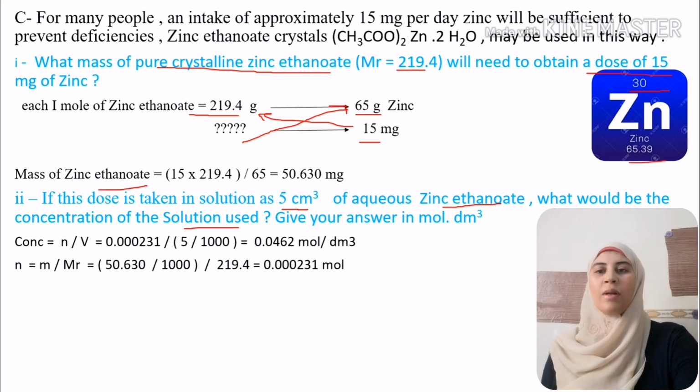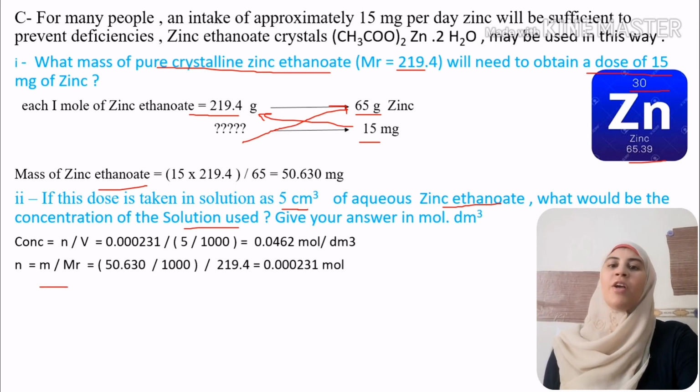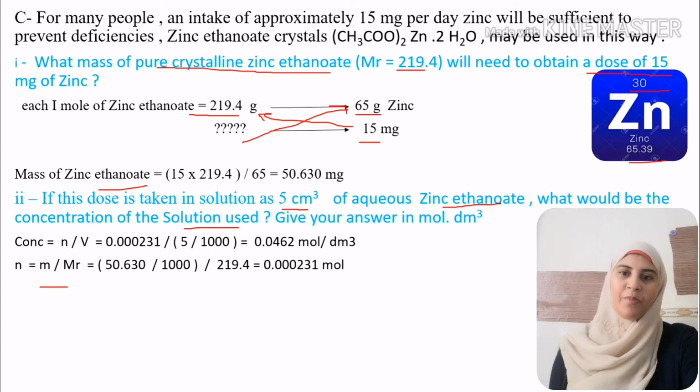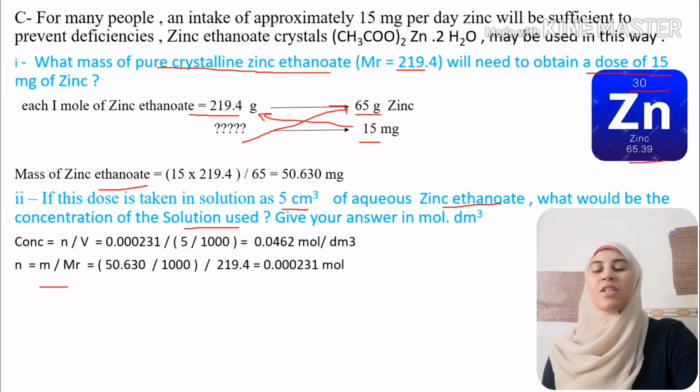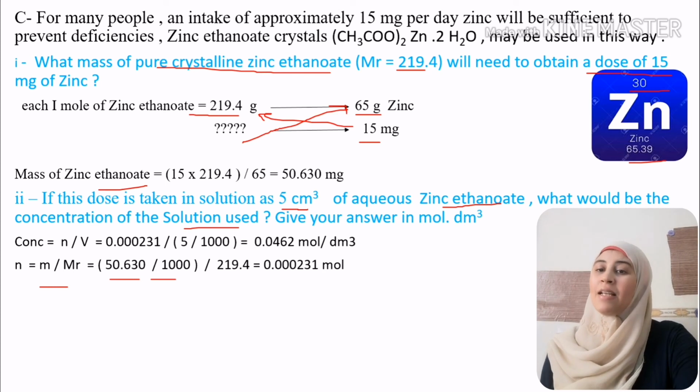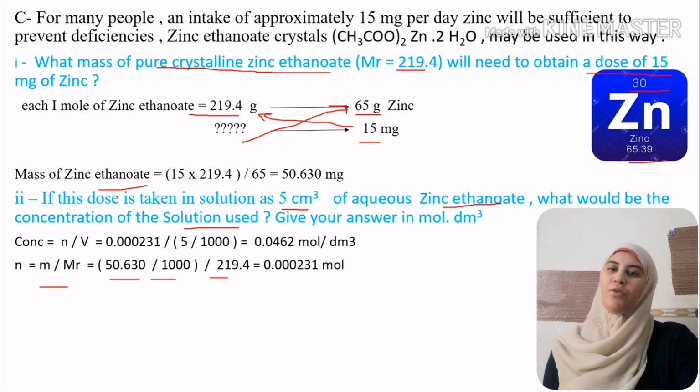Number of moles equals mass over relative molecular mass. Take care. You calculated the mass in milligrams. You want to convert the mass into grams. So 50.630 divided by 1000, that is the mass, over the relative molecular mass 219.4.